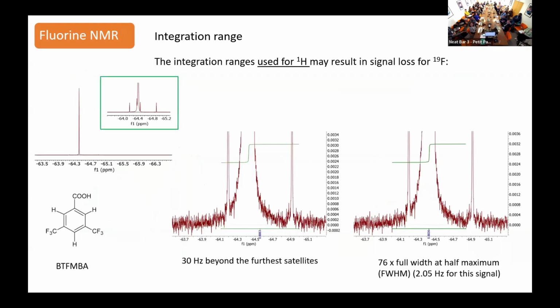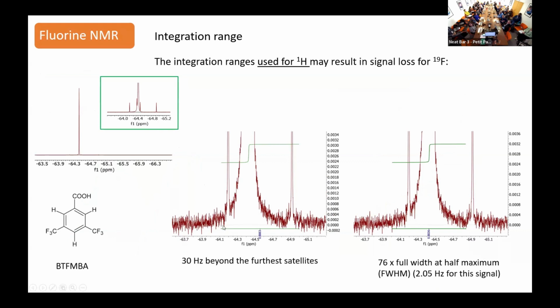This means that if we use the same procedures we normally use for proton NMR, we may have some bias. This is the same spectrum of this molecule with a big zoom close to the peak base.